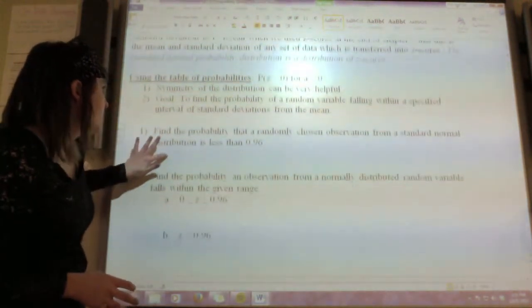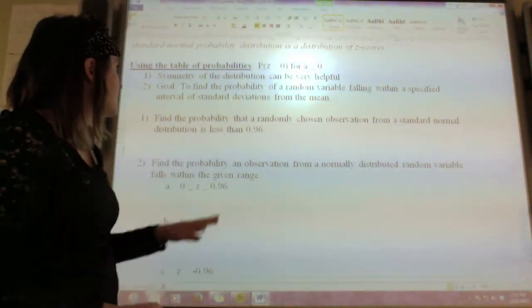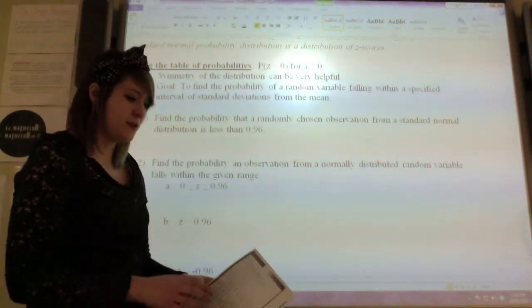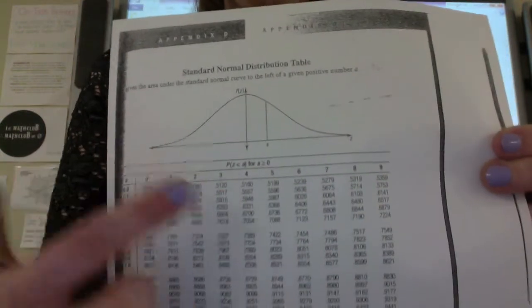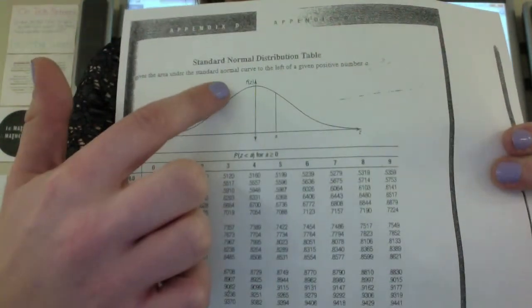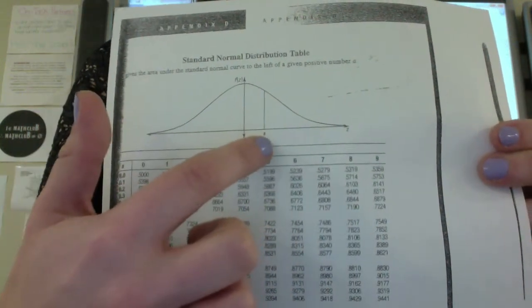So using the table of probabilities, notice that on the table it says the probability that z is less than a, for a greater than or equal to 0. Looking at this table here, we've got our z-axis on the bottom. This is our f of x, that's just our standard normal curve. And then we've got this a value here.